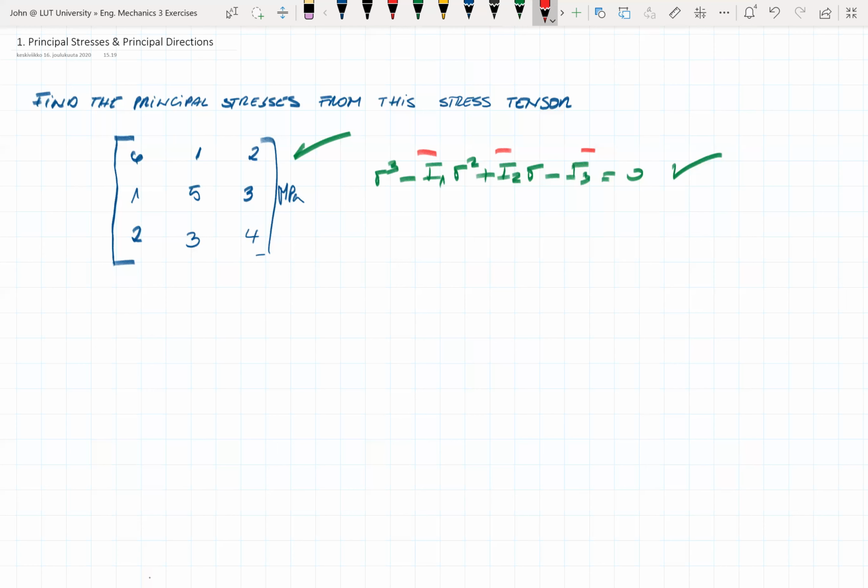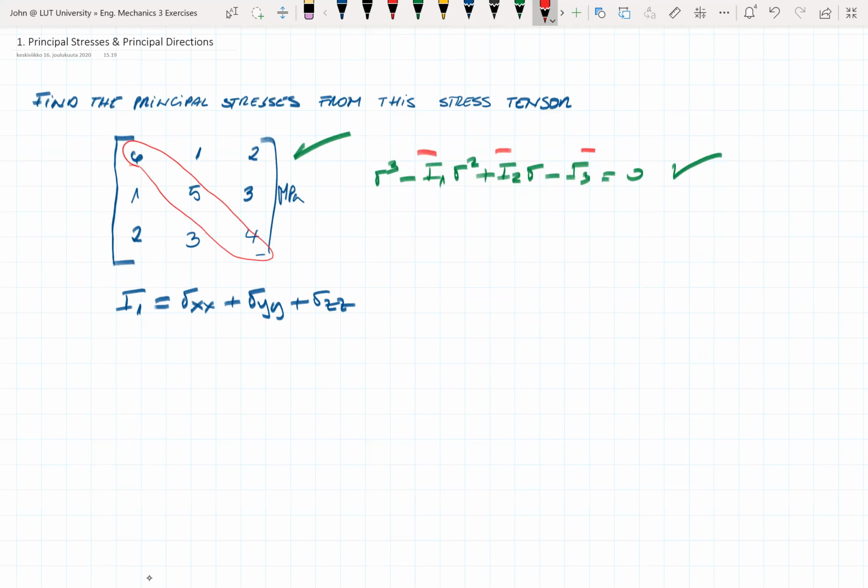We know that the first invariant is something like this. I1 is basically going to be the sum of the diagonal terms in the matrix: sigma XX plus sigma YY plus sigma ZZ. We're talking about these 3 terms here.